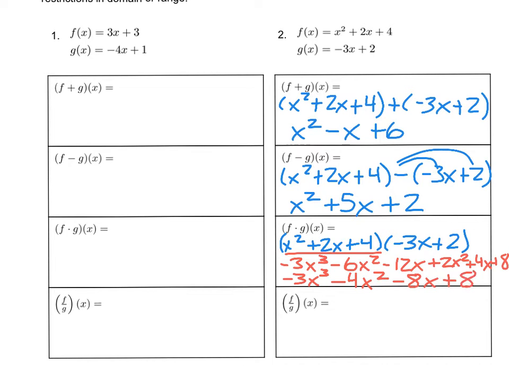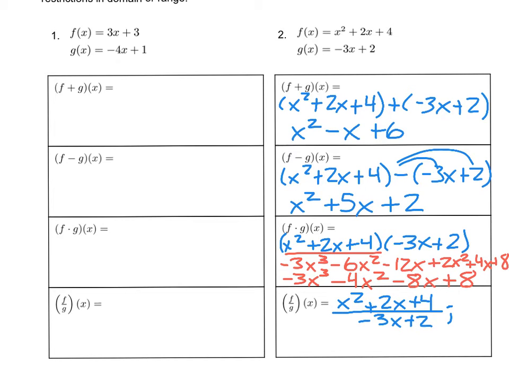All right, for dividing, all you do is write the f function on top of the g of x function. But if you look at the directions, they also want you to indicate any domain restriction.